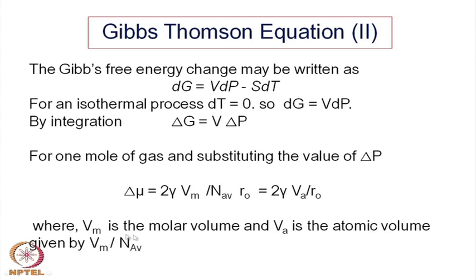It is given by Vm divided by the Avogadro number, and this becomes Va, which is what has been substituted here. So, the change of chemical potential is actually related to the surface energy, the atomic volume and the size of the sphere, of that gas bubble.